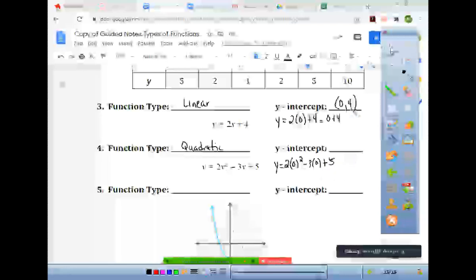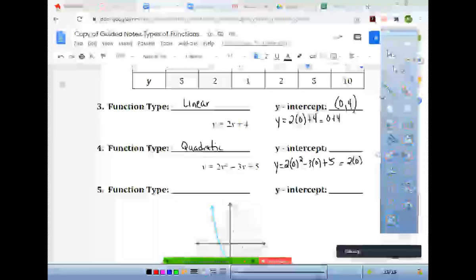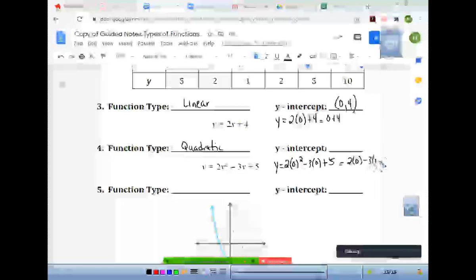So let's see, we got 0 squared is 0. And then we got 2 times 0 is 0. 3 times 0 is 0. 0 minus 0 is 0. 0 plus 5 is 5. So 0, 5.